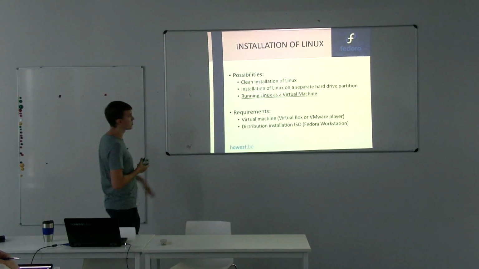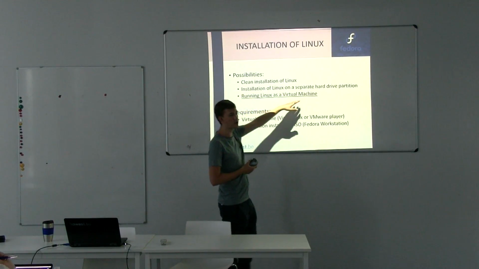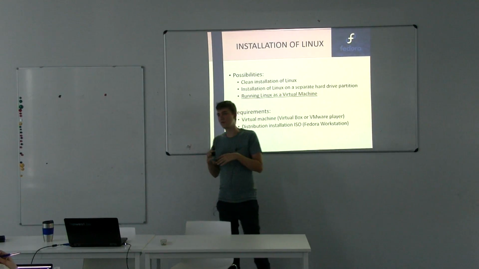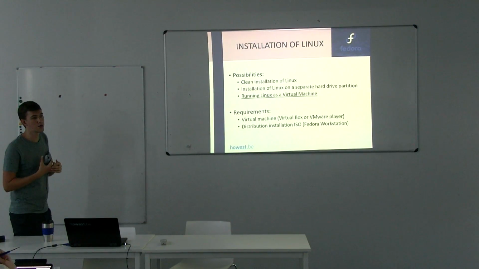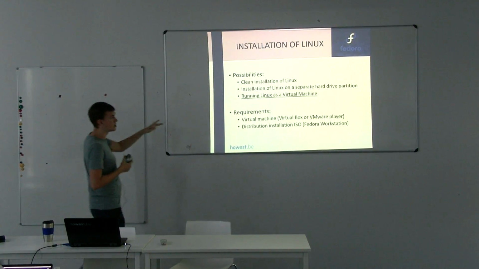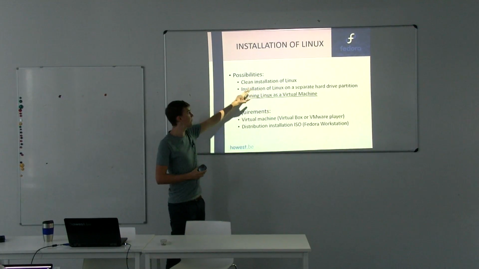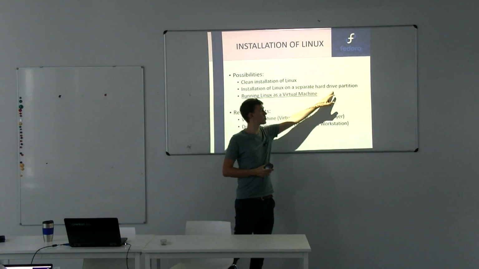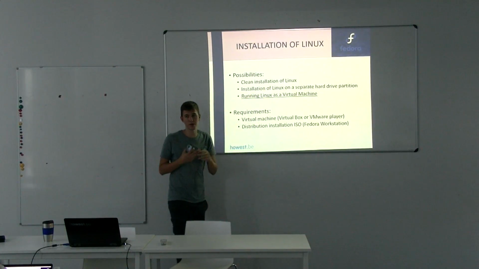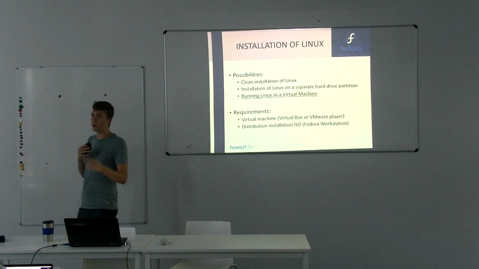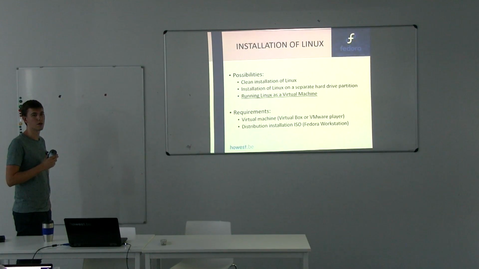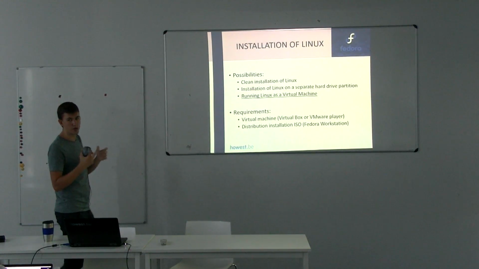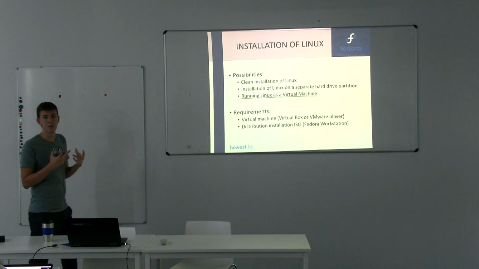It is also possible to create a separate partition: you can free up disk space on your hard drive using a disk partitioning utility and install Linux on that partition. If you would like to combine this with Windows on a separate partition, it is important that you first install Windows and next install Linux on your system, or else you will have problems with the boot menu during boot.